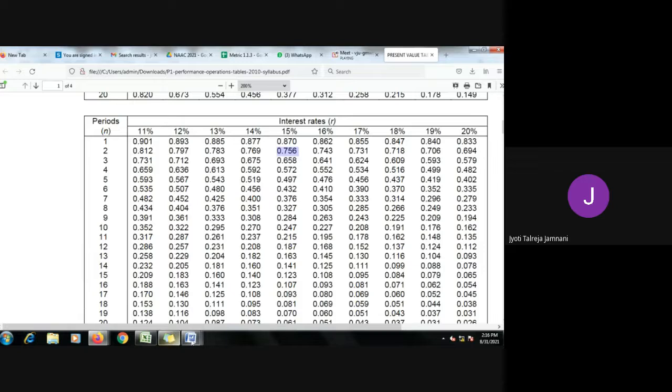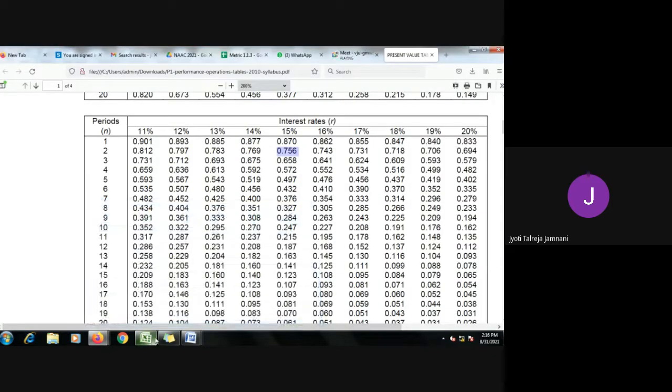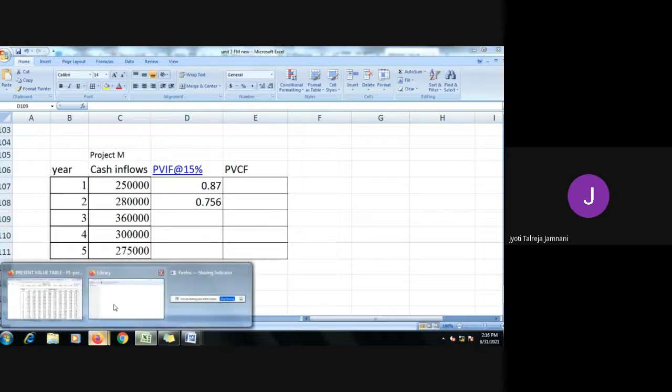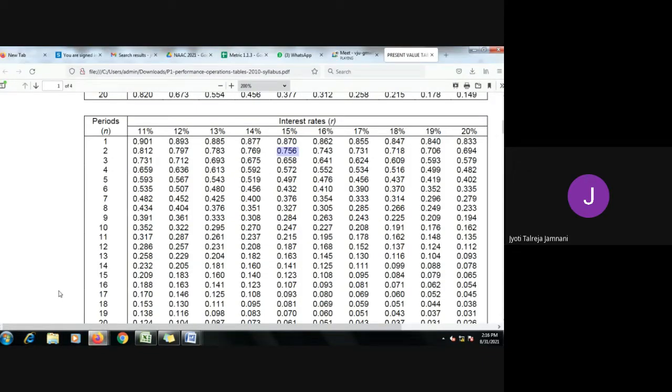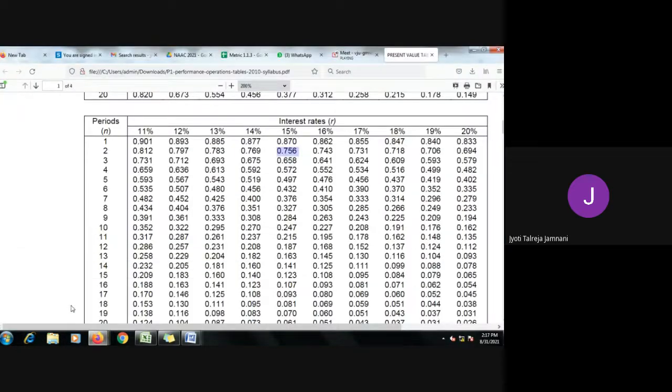So we will write it the same way: 0.870, 0.756, then we have 0.658, 0.572, and the last one is 0.497 for the fifth year.